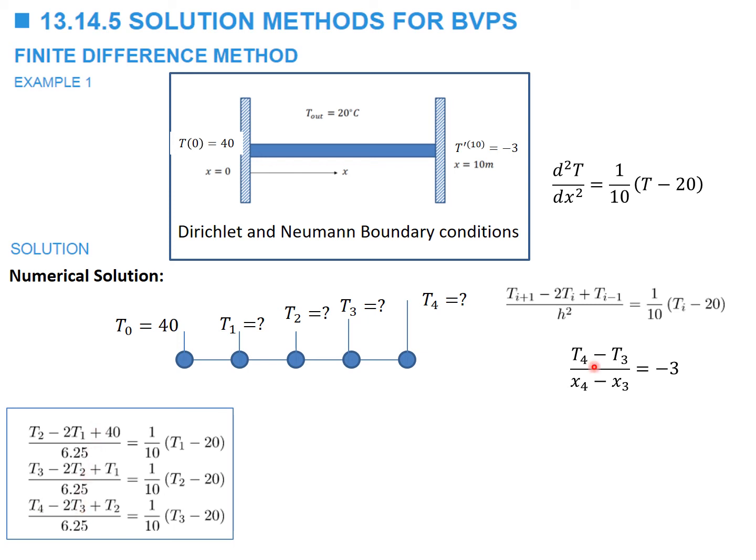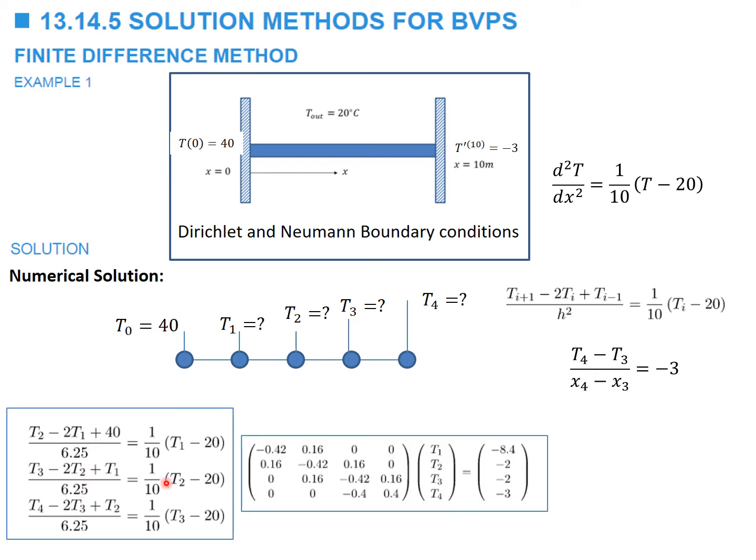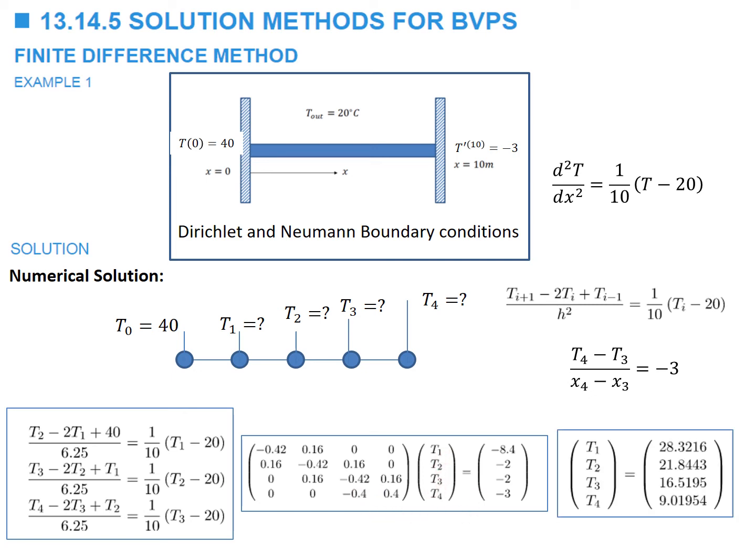These are three equations but four unknowns, so I need to add the fourth equation. When I add those three equations and the fourth equation and rearrange, I can form this matrix form of the problem, and as I mentioned, it's very easy to solve. Find T1, T2, T3, and T4 by inverting this matrix, and we can find the values for these temperatures.